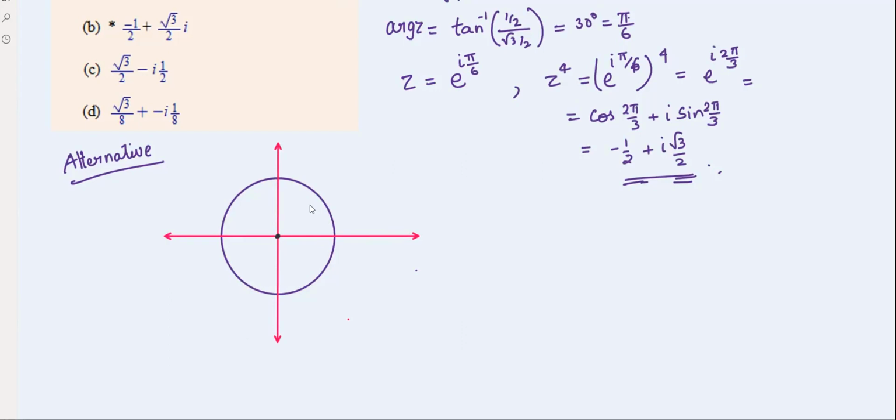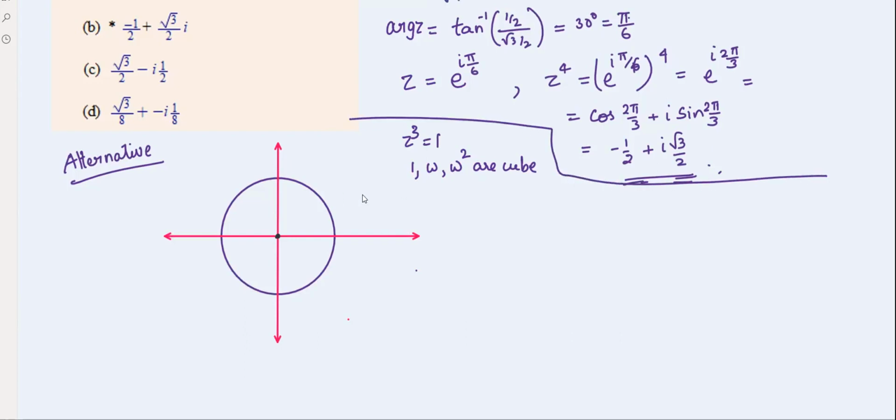You don't have to do all this drawing. It is just in the mind. See, cube roots of unity, if you remember, if z cube equal to 1, then 1, omega and omega square are cube roots. This is an alternative, by the way.